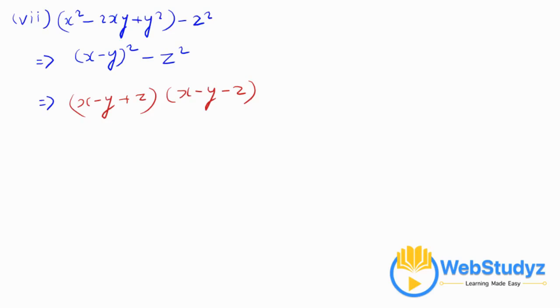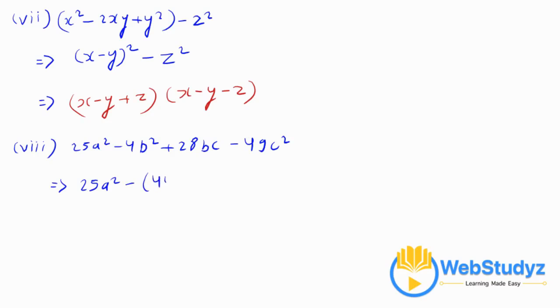Now move on to the eighth one, that is 25a square minus 4b square plus 28bc minus 49c square. So we can write this as 25a square minus, if we take minus common, inside we will get 4b square minus 28bc plus 49c square.